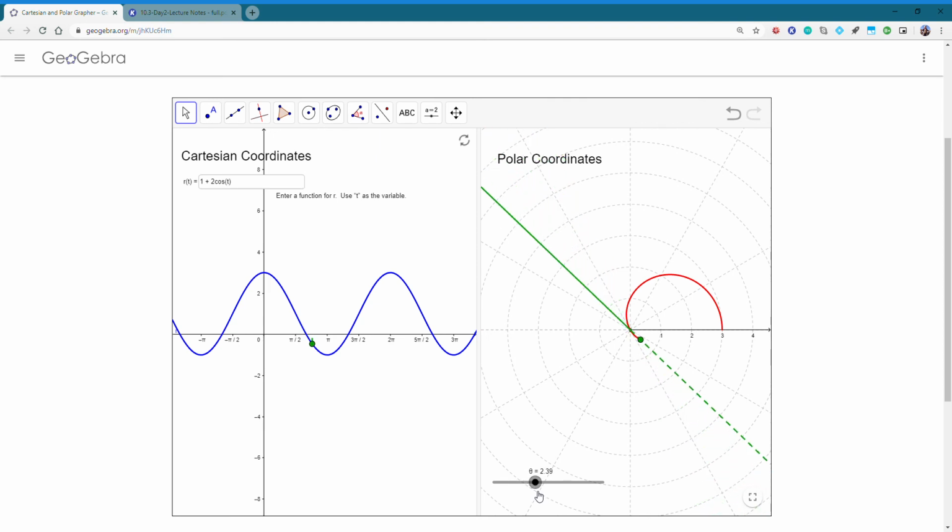Then it becomes negative, so we're popping out the dashed side, the negative side, more and more until our r is -1. Then we start slurping in. Our r is closing in on 0. R is now 0 at 4 pi over 3, and now we're going to get more and more positive as we increase our angle until it is 3 again at 2 pi.